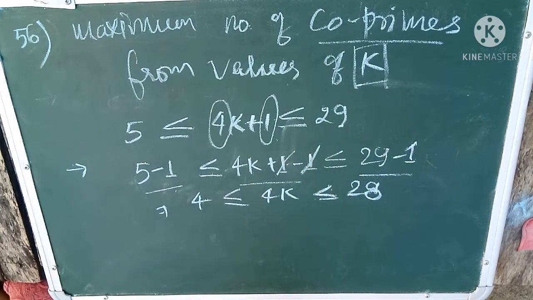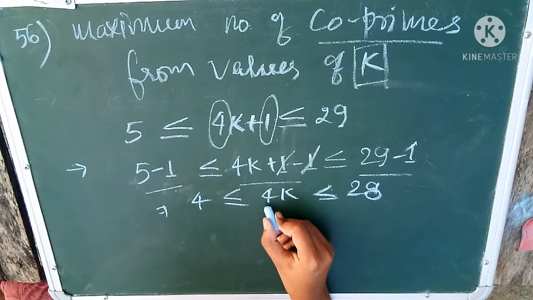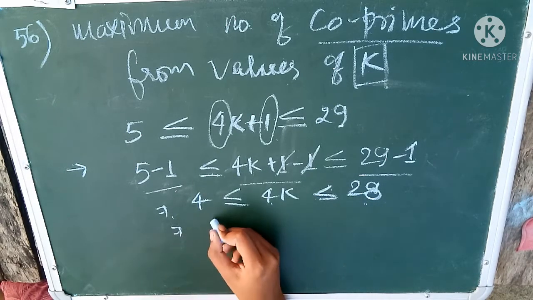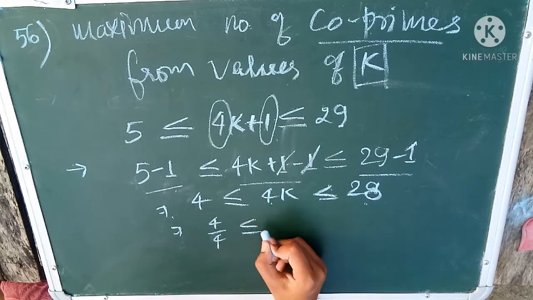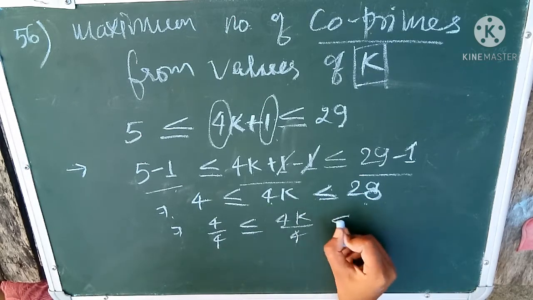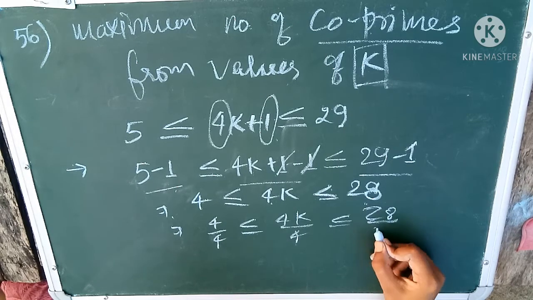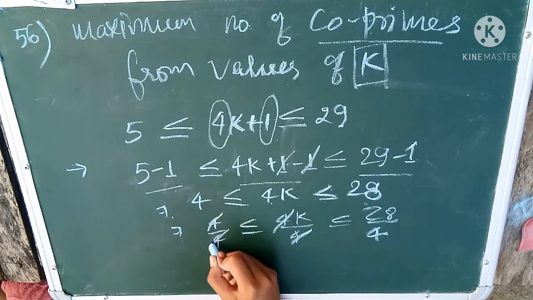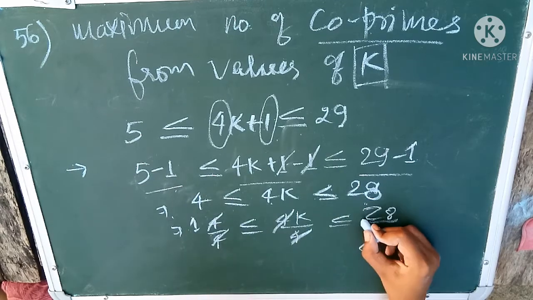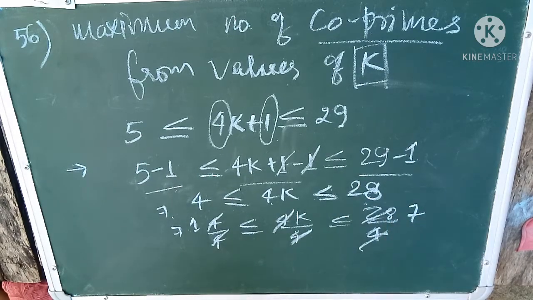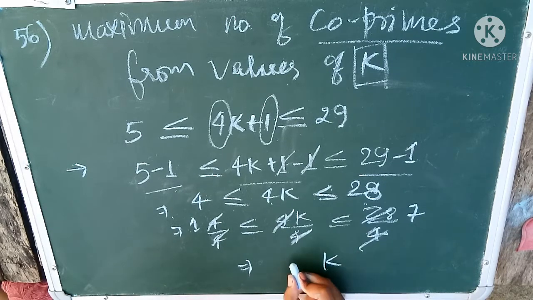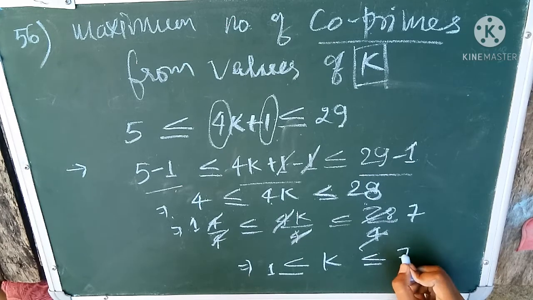Now we remove the 4 by dividing all three terms by 4. So 4 divided by 4, 4k divided by 4, and 28 divided by 4. The 4 cancels, the first term turns into 1, and the last turns into 7. So now we have found the values of k, which is greater than or equal to 1 but less than or equal to 7.